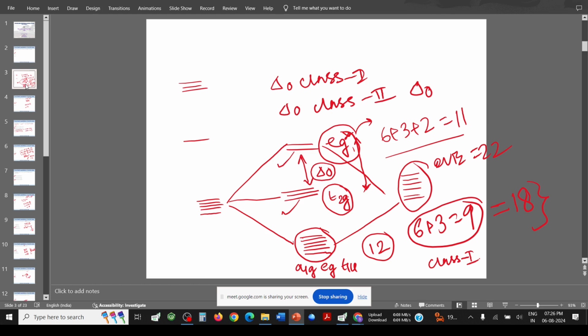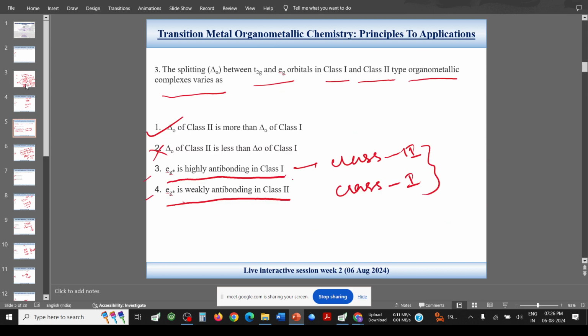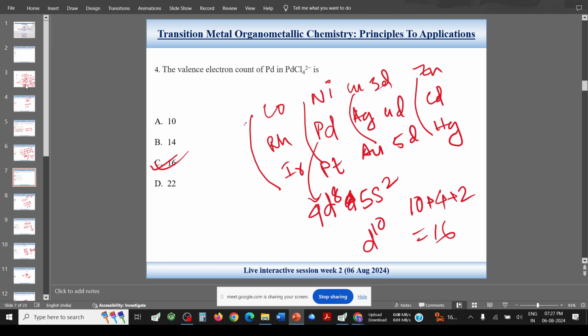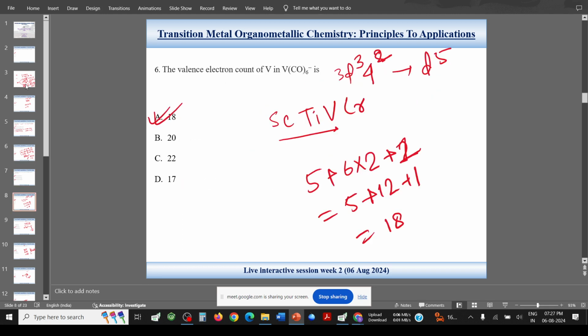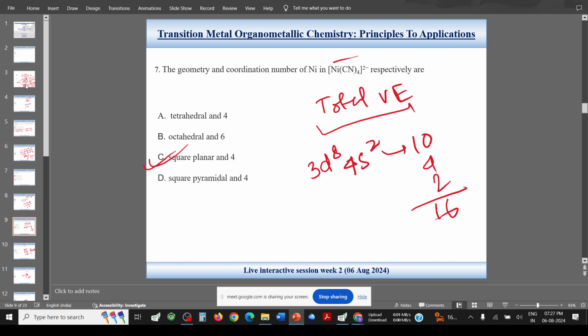With the help of the MO energy diagram, we have also discussed the total valence electron count for different systems with neutral as well as anionic ligands. Then we also discussed the structures of some complexes like nickel complexes as well as silver complexes.